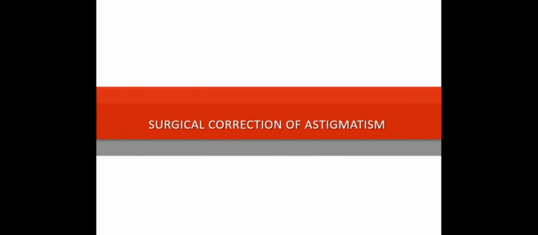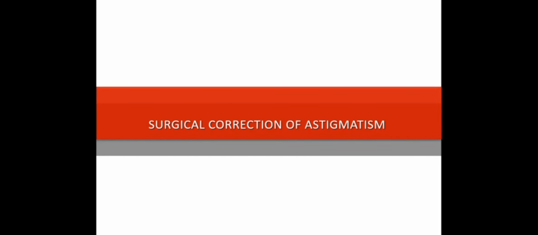When you look at the sphere cylinder representation, it represents the anterior cornea, the posterior cornea, as well as the lens, if it's already in there. So it's a total astigmatism that you're looking at when you look at the sphere and cylinder correction.